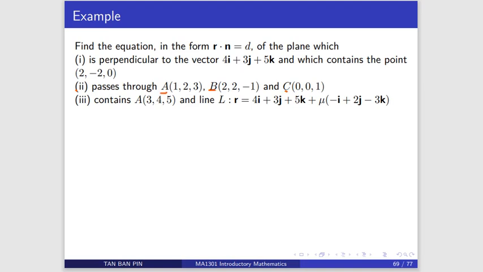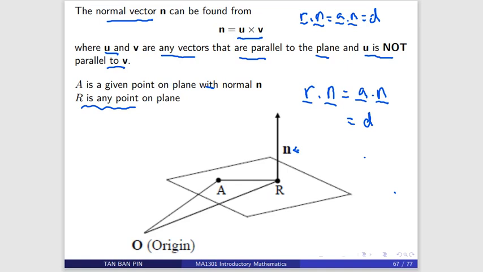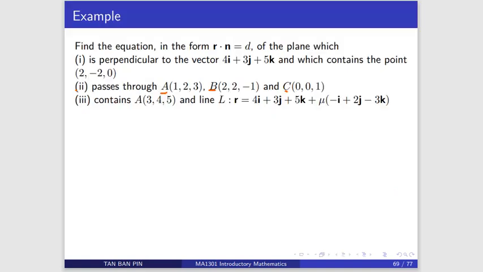And we shall make use of what I mentioned in the previous video. To find a normal vector, you find two vectors u and v which are parallel to the plane and not parallel to each other. To do that is very easy. You can just find vector AB.